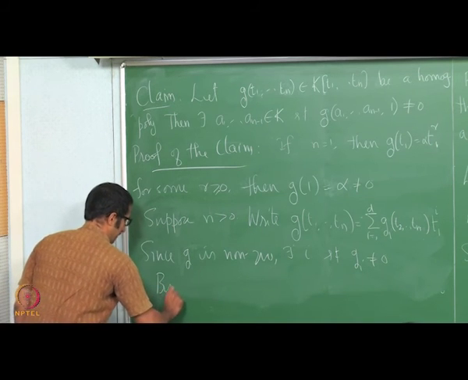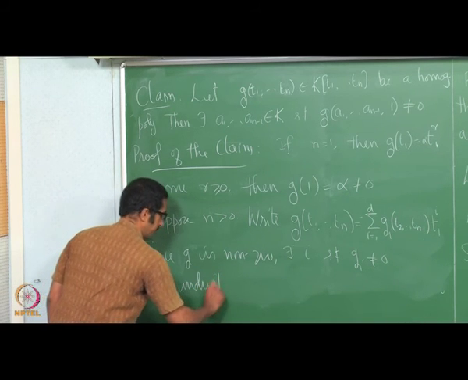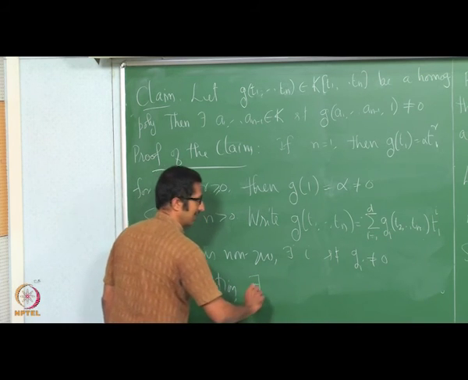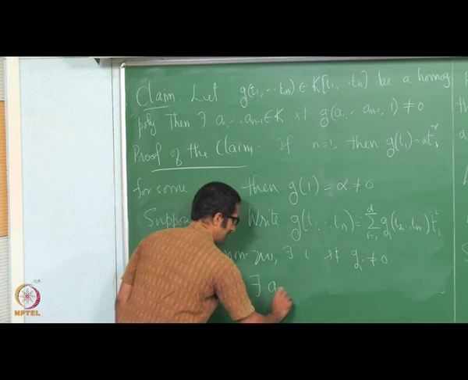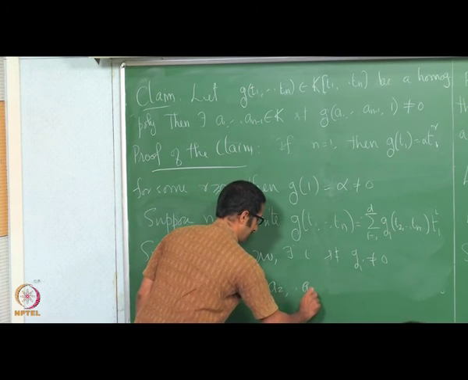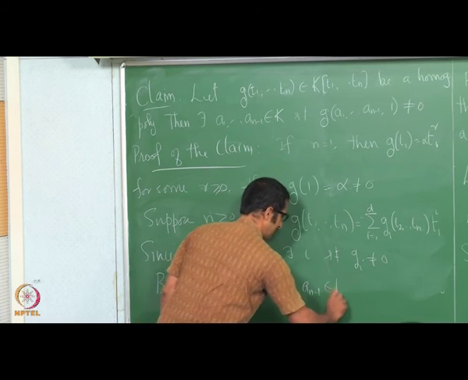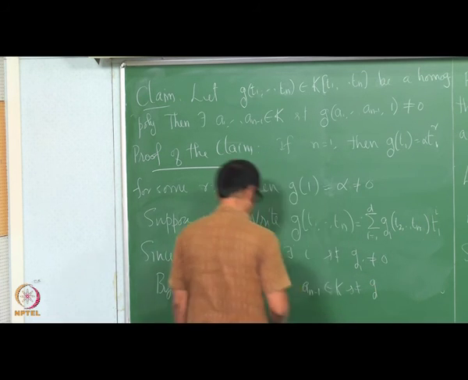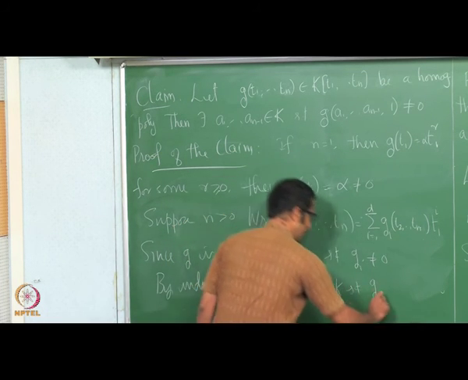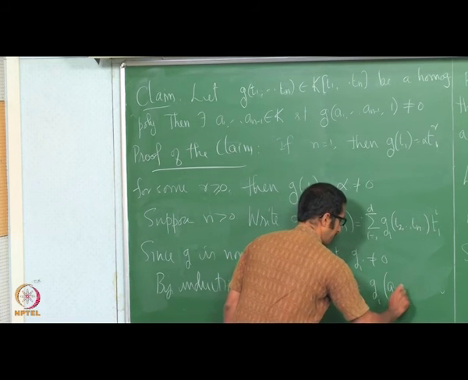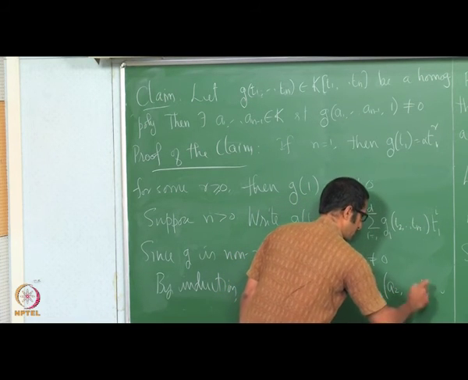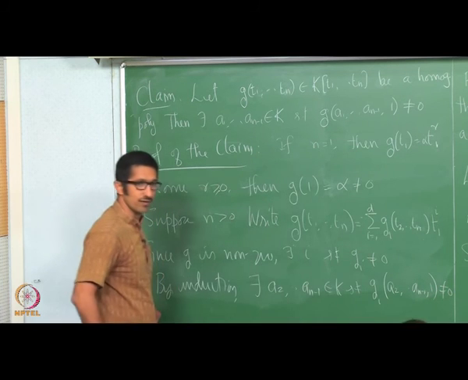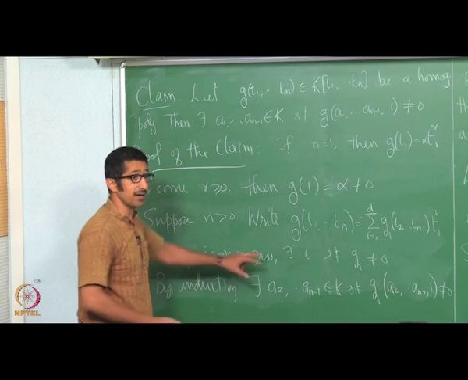By induction, there exist a2 up to an minus 1 in k such that g_i(a2, up to an minus 1) is non-zero.